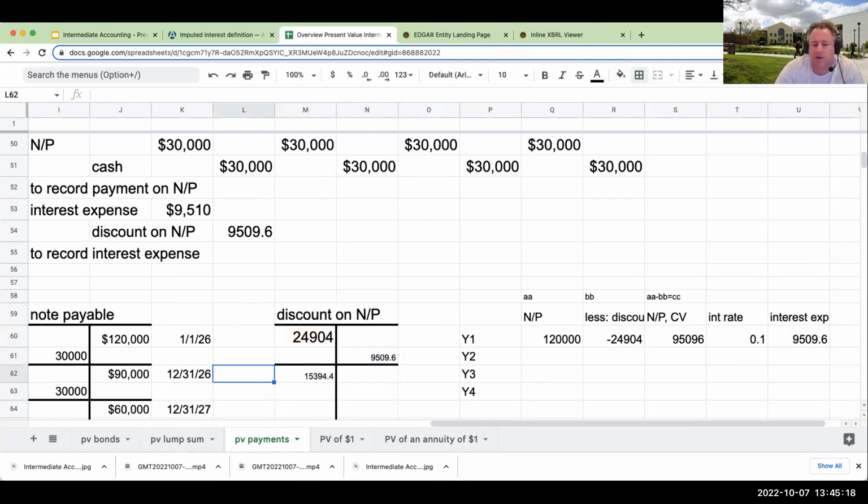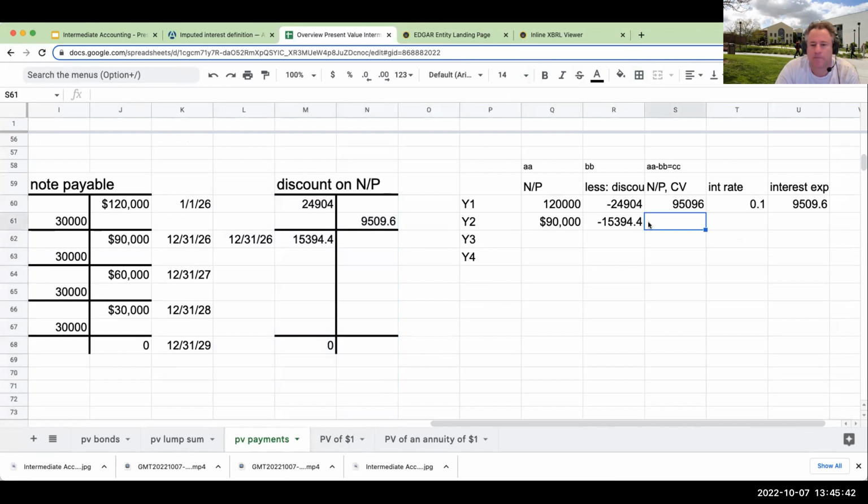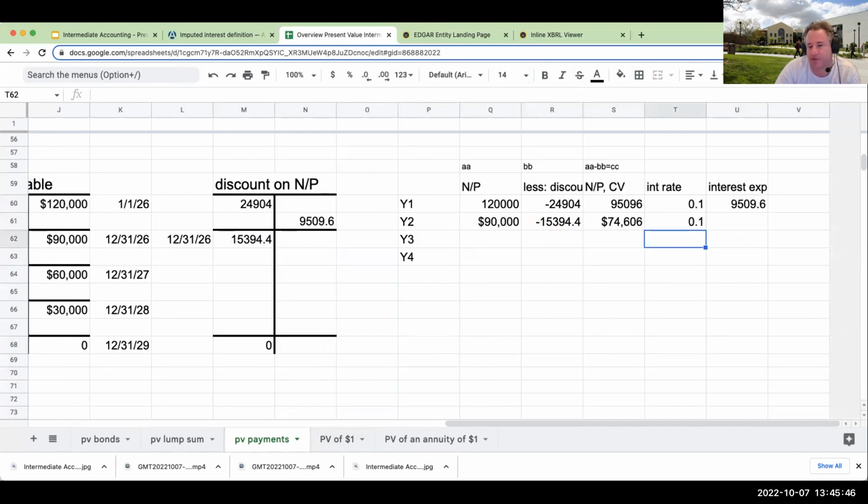Okay, so my discount on notes payable at the end of the year at 12/31/26 after the payment is made is $15,394. My note payable for the following year is no longer $120,000. Why? Because I made a $30,000 payment. My discount on notes payable over here is going to be $15,394.40. So my note payable carrying value is $74,606 at 10% interest.